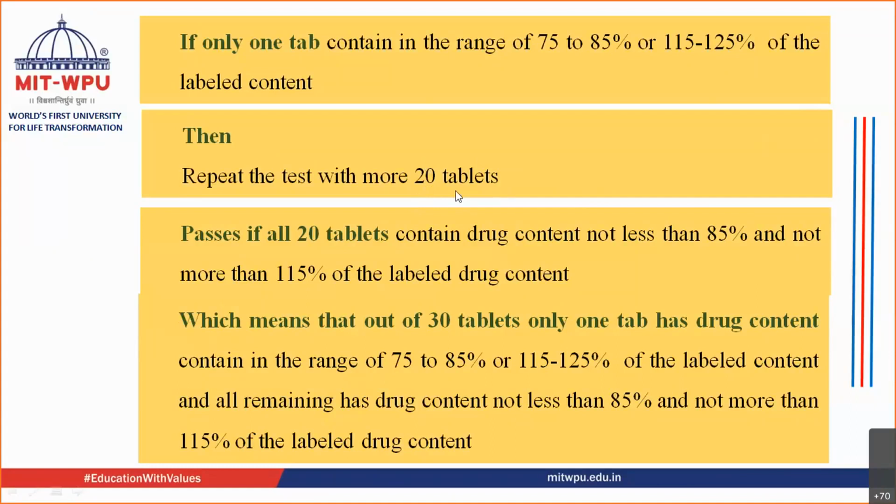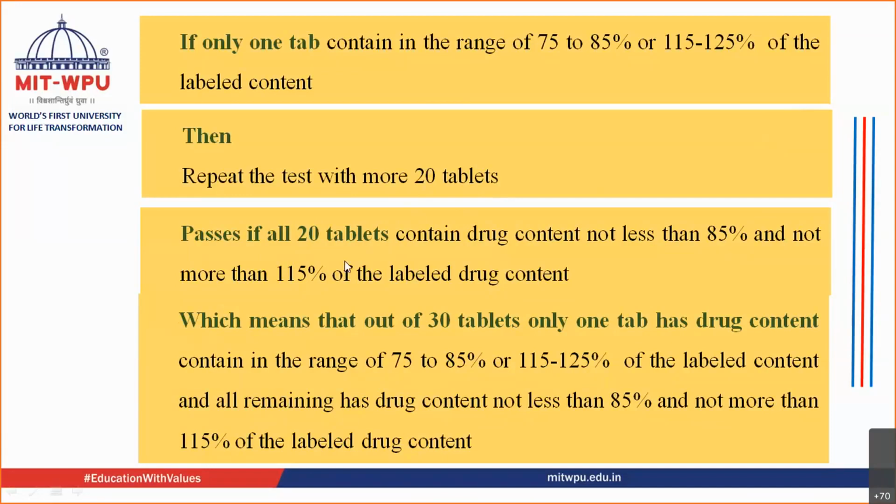Now, the drug content of these next 20 tablets should be between 85 to 115. So if you take 30 tablets in total, only one tablet is allowed to be in the range of 75 to 85 or 115 to 125.